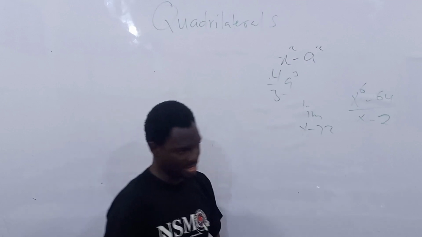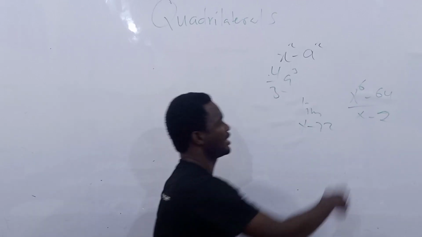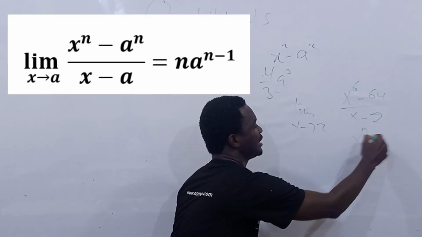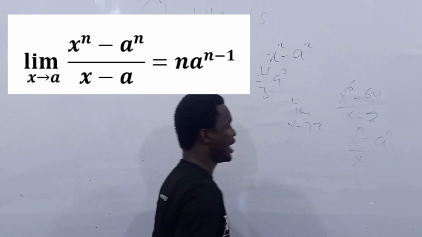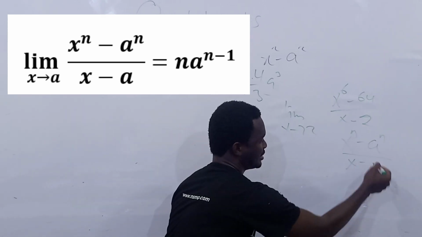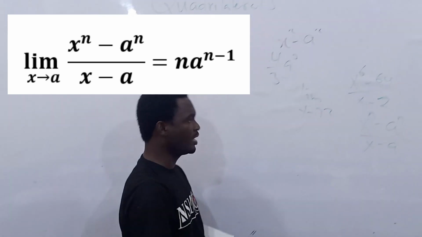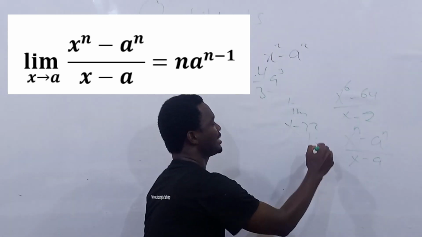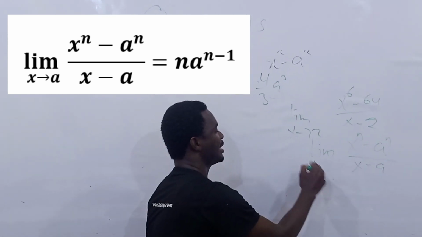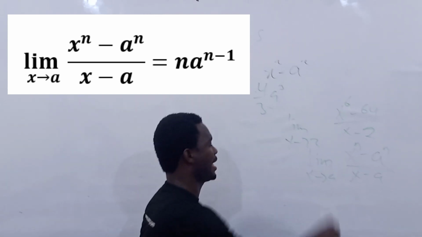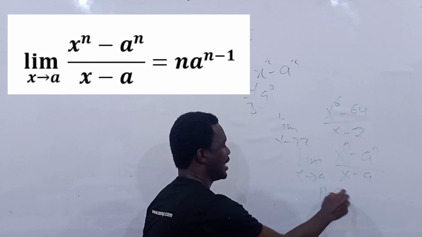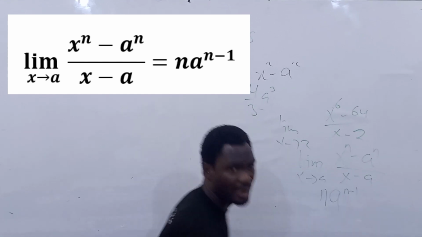We want to note that anytime we have a fraction of the form x exponent n minus a exponent n divided by x minus a, then the limit as x approaches a is given by n a exponent n minus 1.